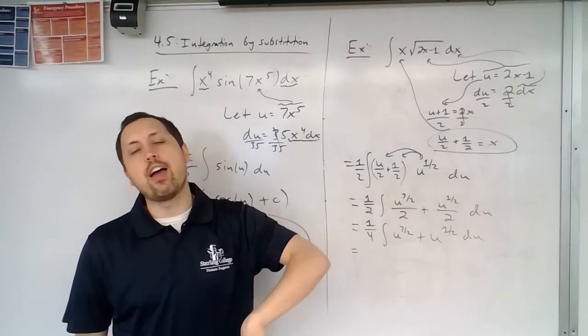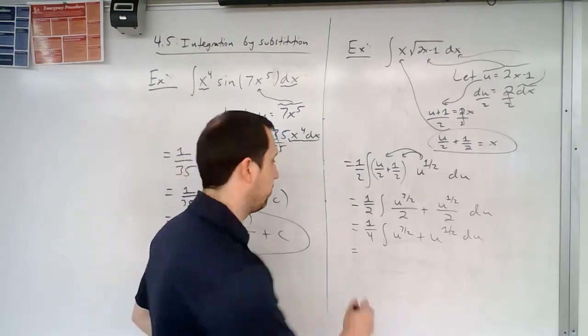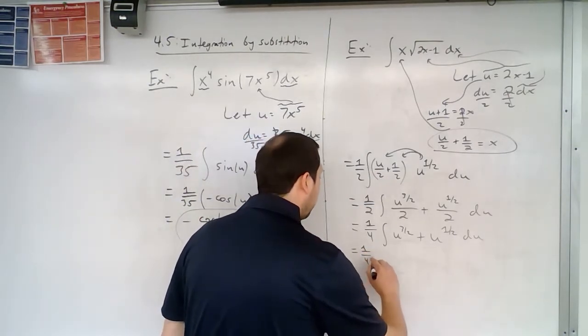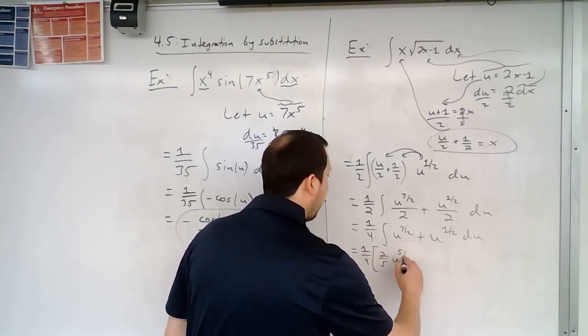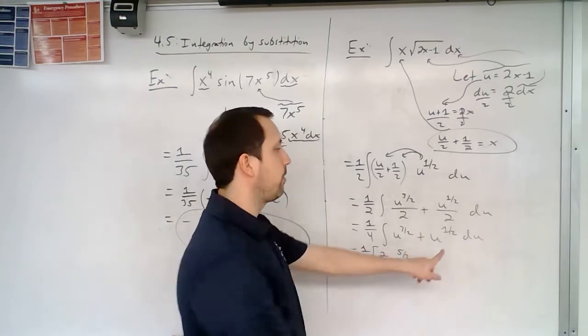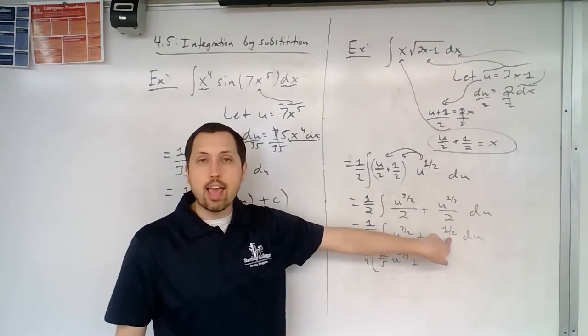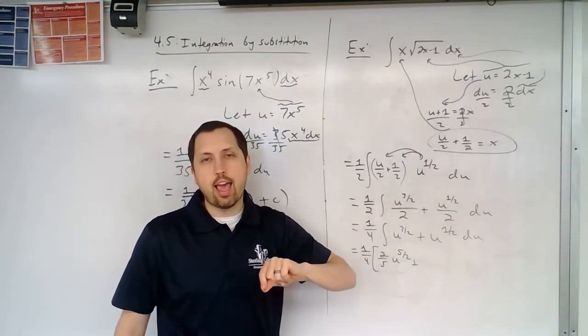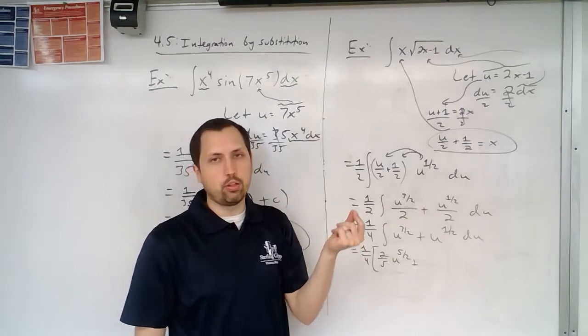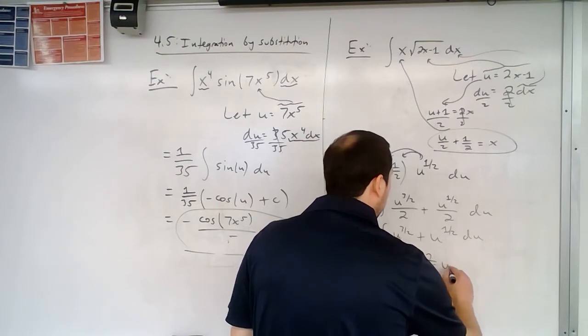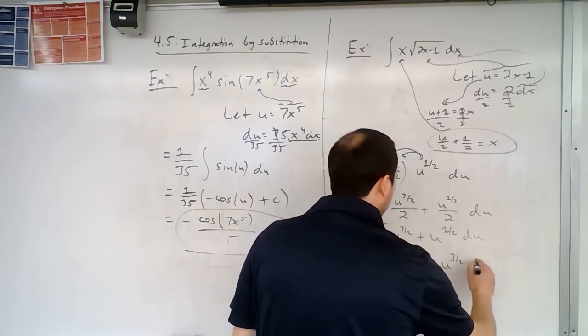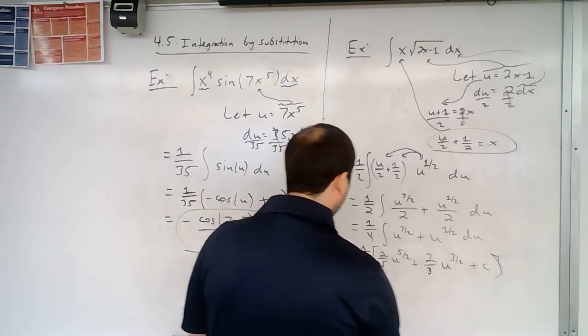When I divide by 5/2, I'm really multiplying by 2/5. So I have 1/4, and then I have a 2/5 u to the 5/2. And the same thing over here, when I add 1 to the power, I get 3/2. Dividing by 3/2 is the same as multiplying by 2/3. So this is 2/3 u to the 3/2 plus c.